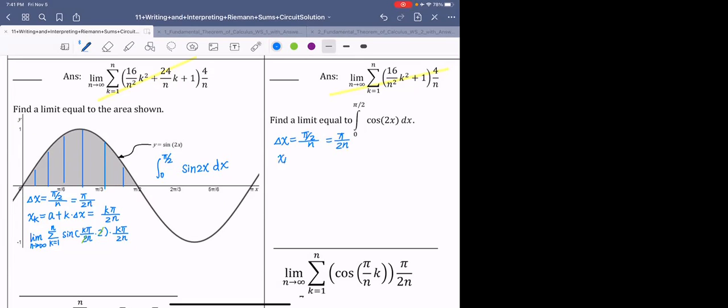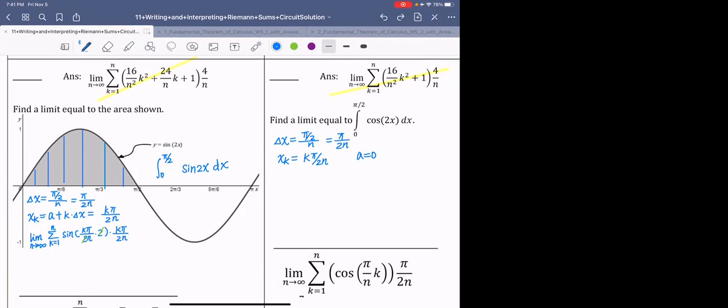So it's just equal to k pi over 2n. Okay. So A is 0, B is, well, doesn't matter. We don't worry about this. We can do the limit format now.